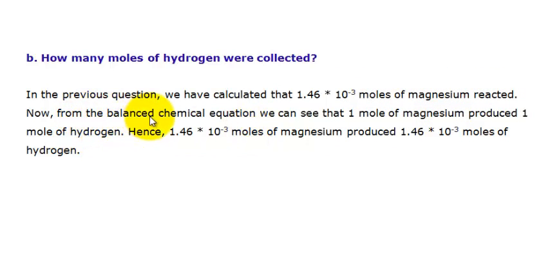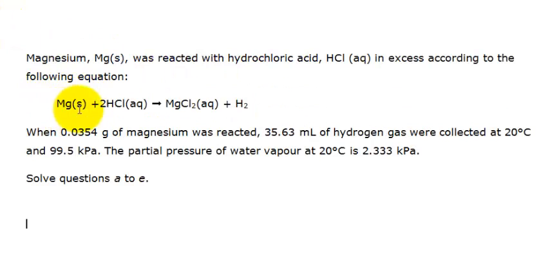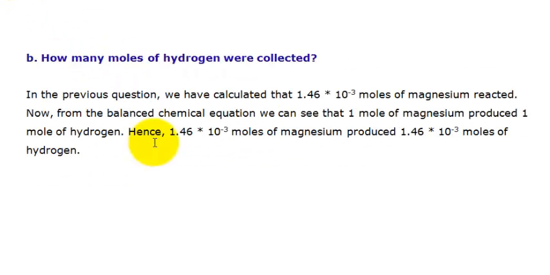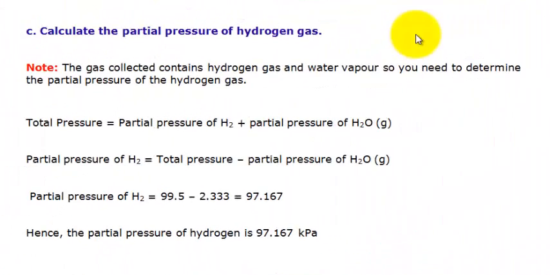Now, from the balanced chemical equation, we can see that 1 mole of magnesium produces 1 mole of hydrogen. Hence, 1.46 times 10 to the power of negative 3 moles of magnesium produced 1.46 times 10 to the power of negative 3 moles of hydrogen.